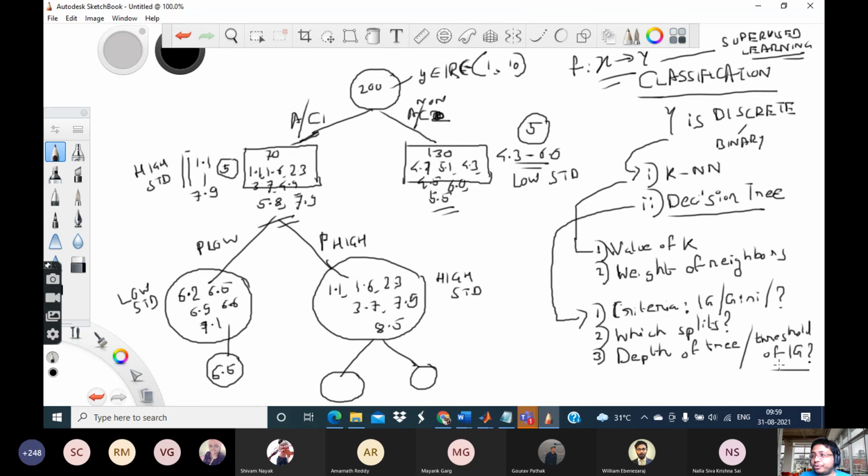So what should be the cutoff value below which I will stop? That is again a choice you have to make. So these are the choices you have to make in case of k nearest neighbor, and these are the choices in case of decision tree. In case of k nearest neighbor, what is the biggest disadvantage?